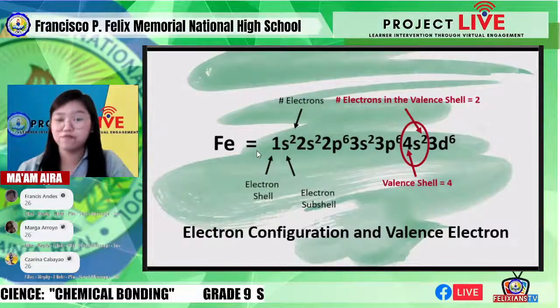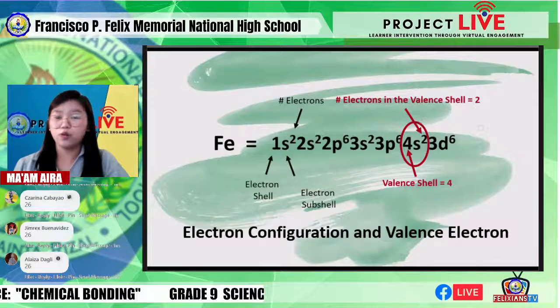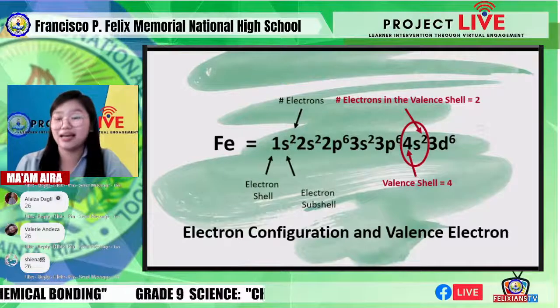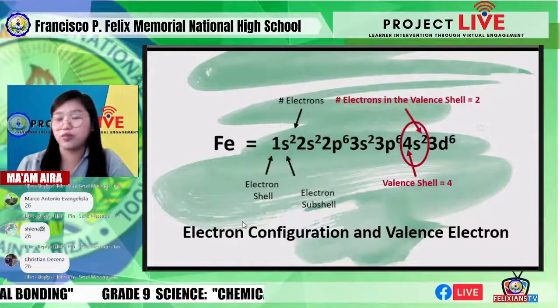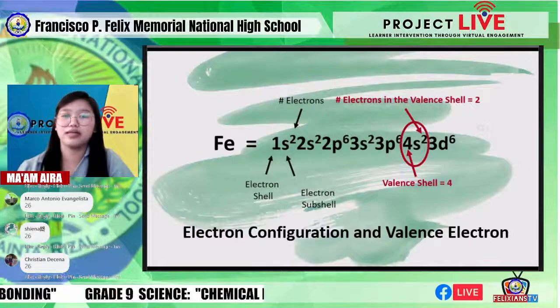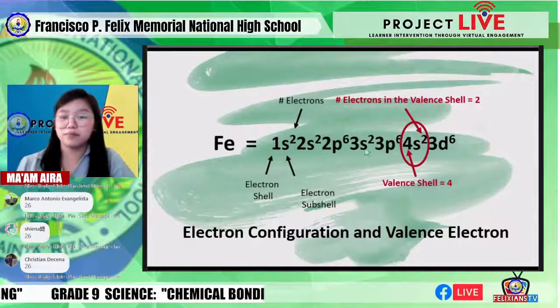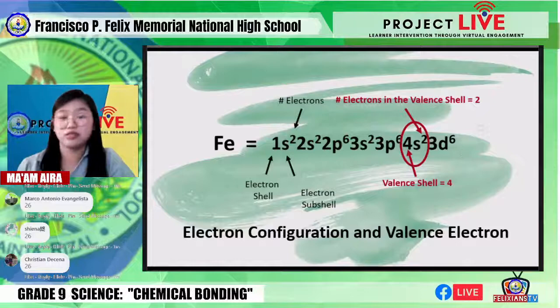After we have identified the atomic number for the given element, we have to distribute the electrons via electron configuration. So when we do electron configuration, we have to follow a certain method, and that is to follow this series: 1s, 2s, 2p, 3s, and so on.